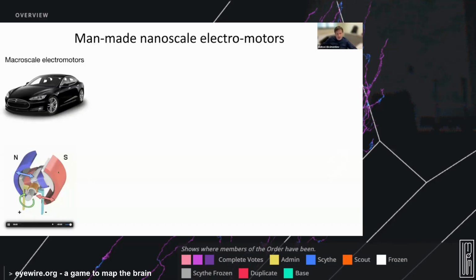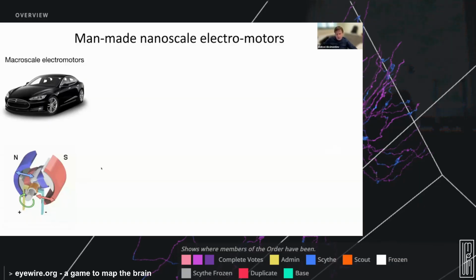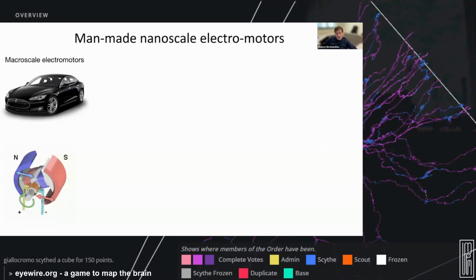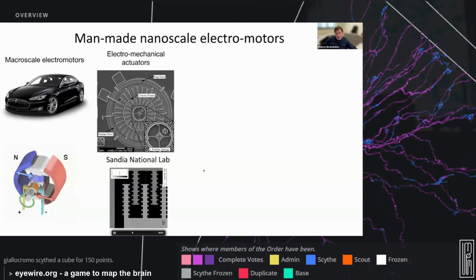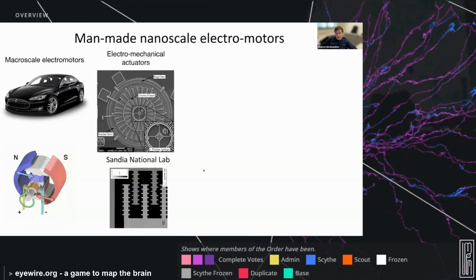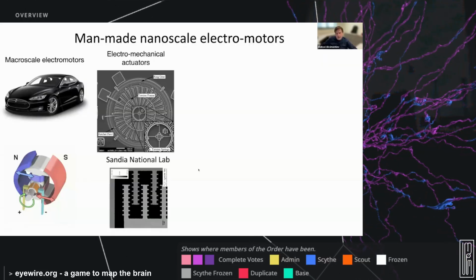The way this motor operates relies on volume forces, but as you shrink things down, surface forces dominate. Even at the scale of sub-millimeters, you already need to resort to different physics, like this electrostatic ratchet.